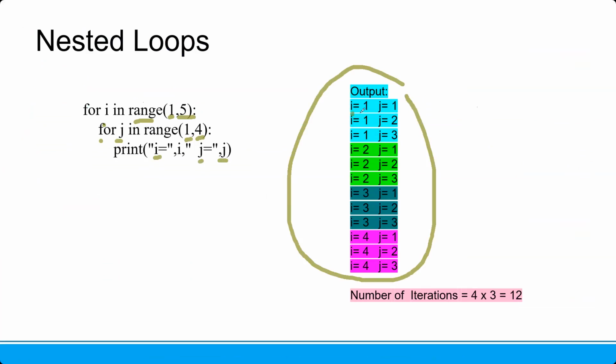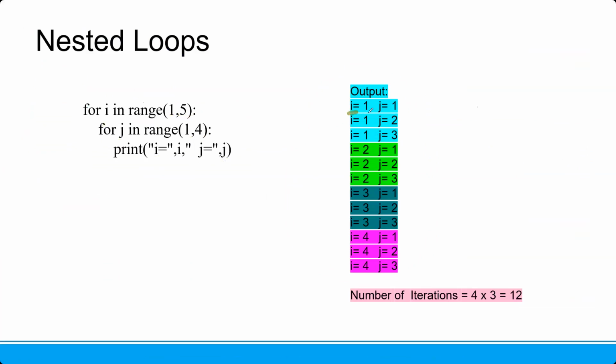When i equals 1, we do the j first. j equals 1. While i equals 1, now j becomes 2. While i equals 1, now j becomes 3. So we call this the inner loop, and we call i the outer loop.